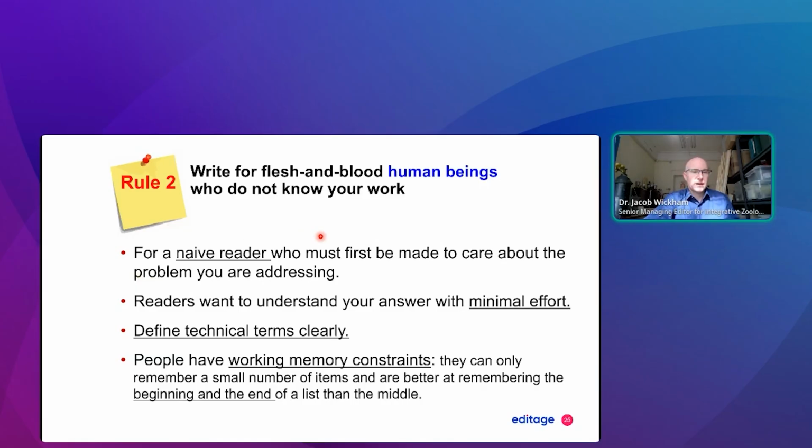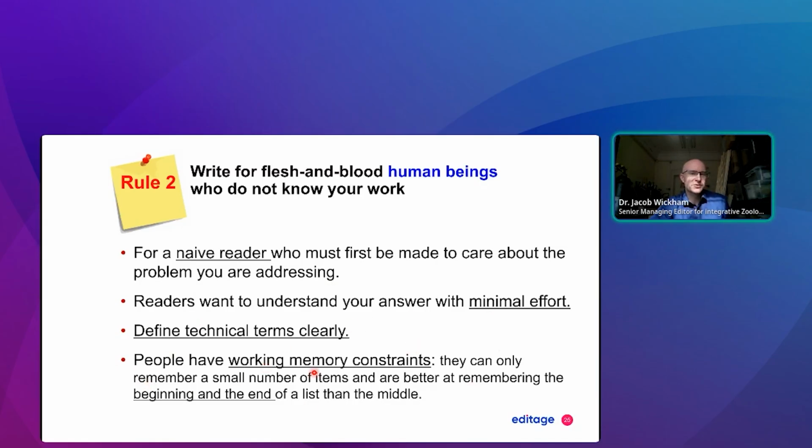Rule number 2: you want to write for people who do not know your work. So you want to be able to provide sufficient background information. You want to define any technical terms that you have and avoid abbreviations. You want readers to identify and understand the answers that you give with minimal effort.